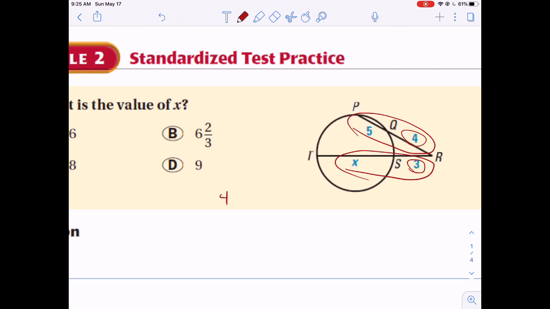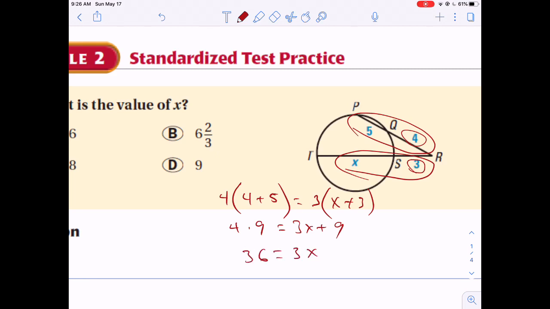The 4, which is the outside, times the sum, so it's 4 plus 5, that's the upper secant, equals the 3 on the outside times the x plus the 3, the sum of the two. So it's 4 times 9 equals 3x plus 9. 36 equals 3x plus 9. Subtract 9, so 27 equals 3x. x equals 9.